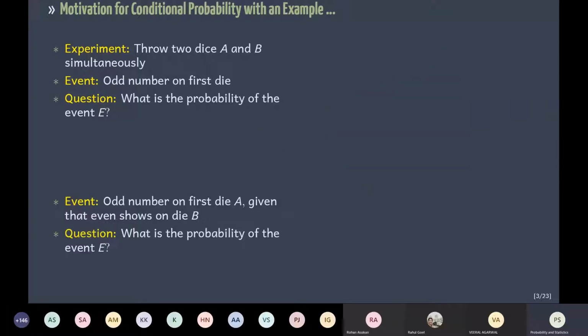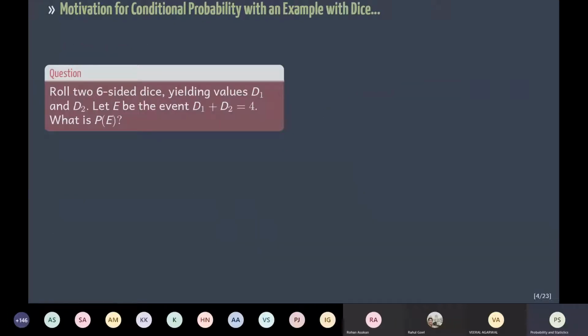So I will do one more example with respect to dice, just to clarify. Roll two 6-sided dice, which yield values, let us say, D1 and D2. Die 1 output is D1 and die 2 output is D2. Let E be the event that D1 plus D2 is 4. Then what is the probability of E?